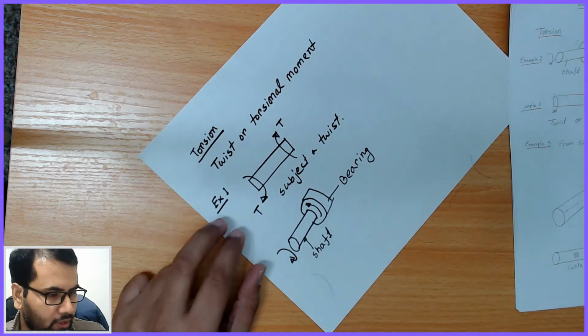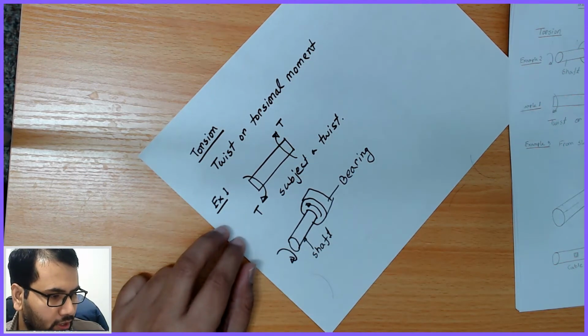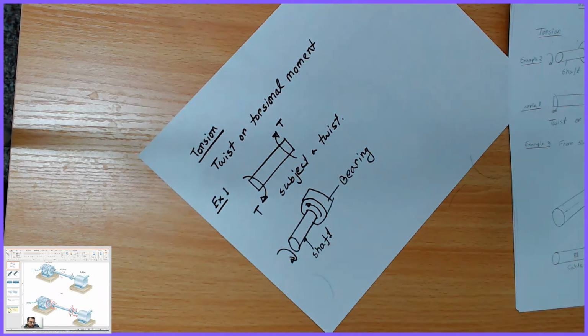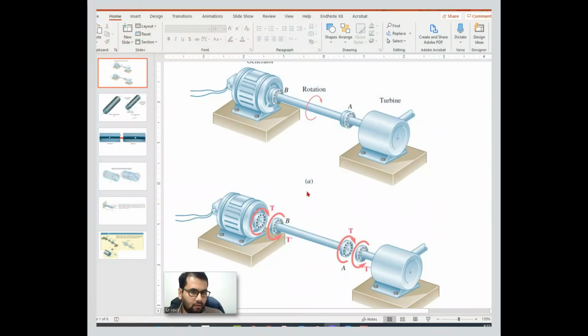And the third example I'm trying to give is, consider a turbine generator assembly.